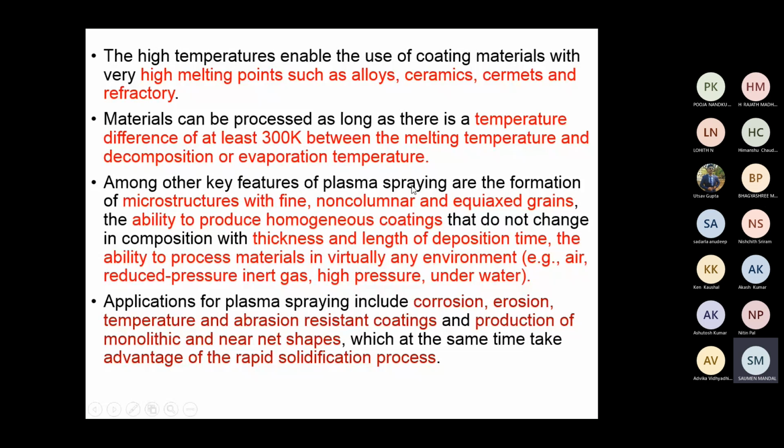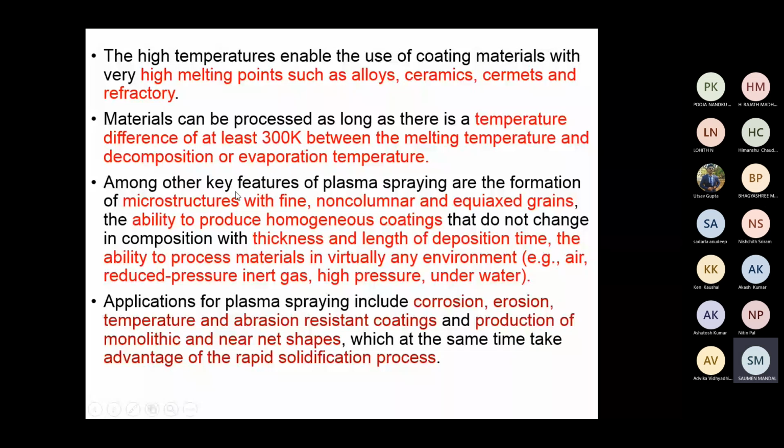Among other key features of plasma spraying are the formation of a microstructure with fine non-columnar or equiaxed grains. In normal physical vapor deposition, you will have columnar growth. Columnar growth means, if we talk about mechanical applications, it's not a robust coating or a hard coating.